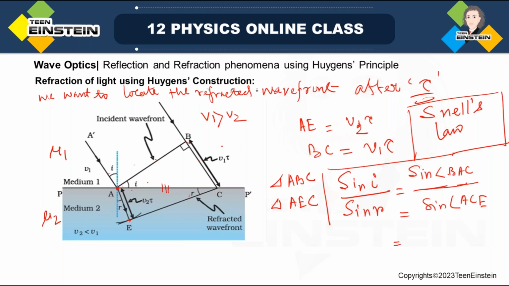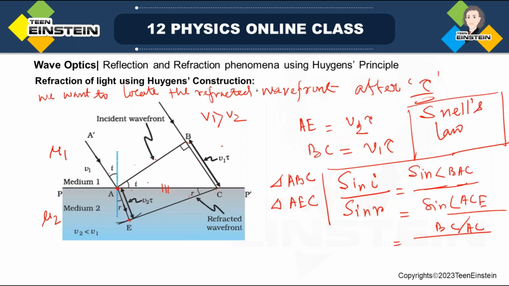So on the right hand side, sine BAC means what? BAC, this. So we have to write sine means perpendicular by hypotenuse. Perpendicular is what? Yeah, perpendicular is this BC, BC by AC. So this is sine BAC. And then what is sine ACE?